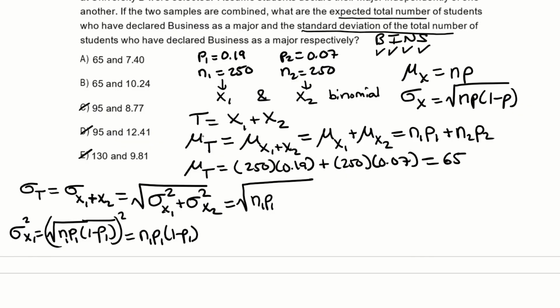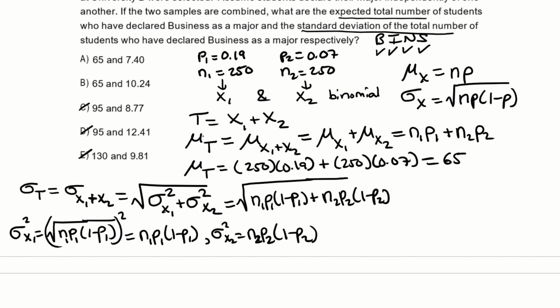And likewise, sigma squared X2 is going to be n2 p2 times 1 minus p2, right? Getting a lot of math there. So we got this, and now we can just plug in the numbers and get an answer on the calculator.